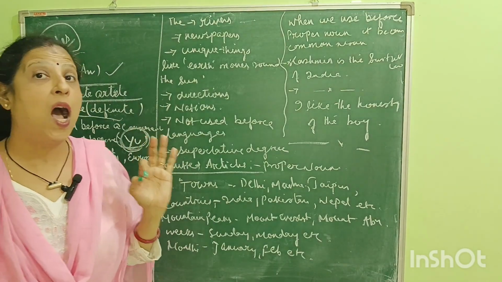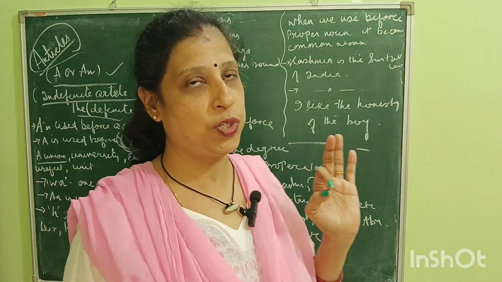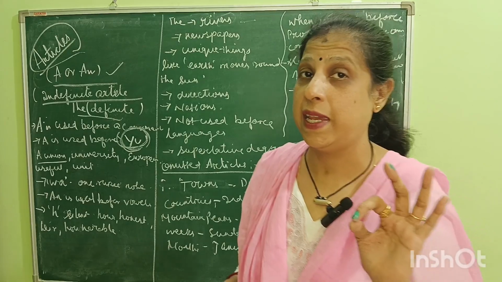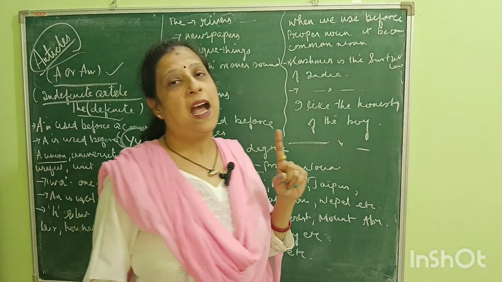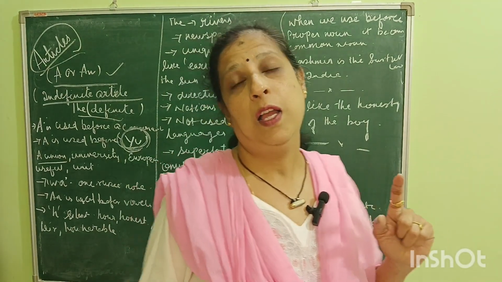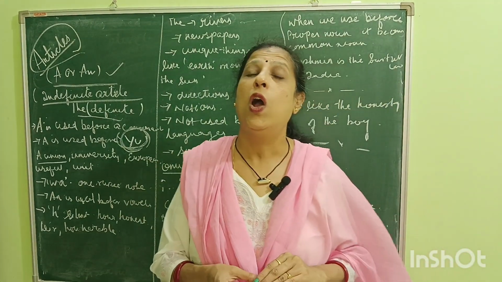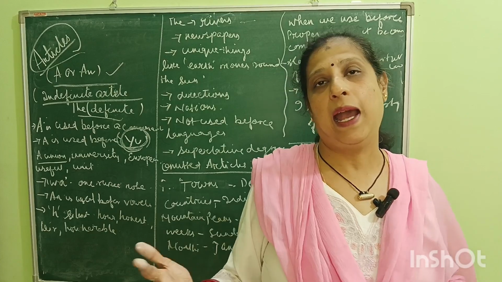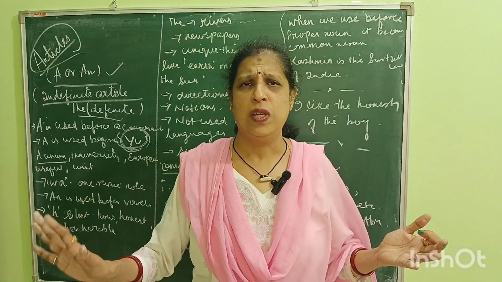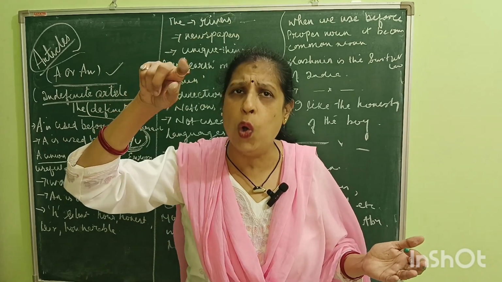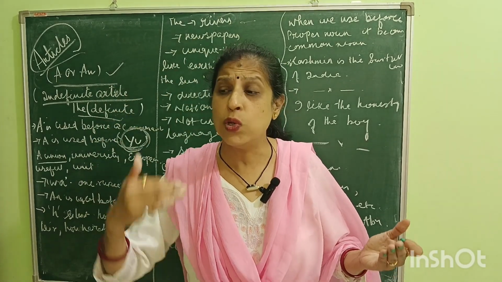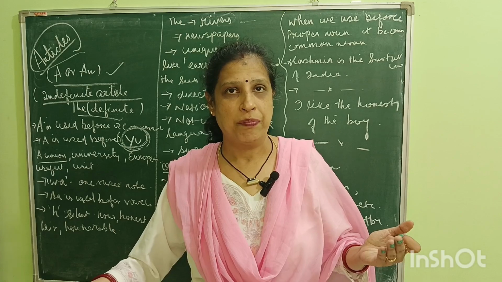So when I say a one rupee note or a one-eyed man, I use a before the word one. No doubt, the word begins with the letter O, and you all know that O is a vowel.